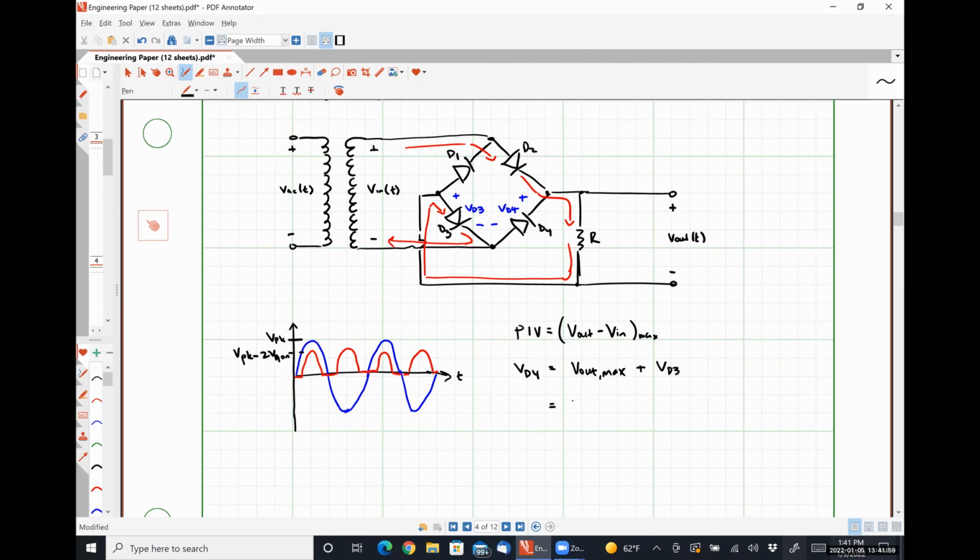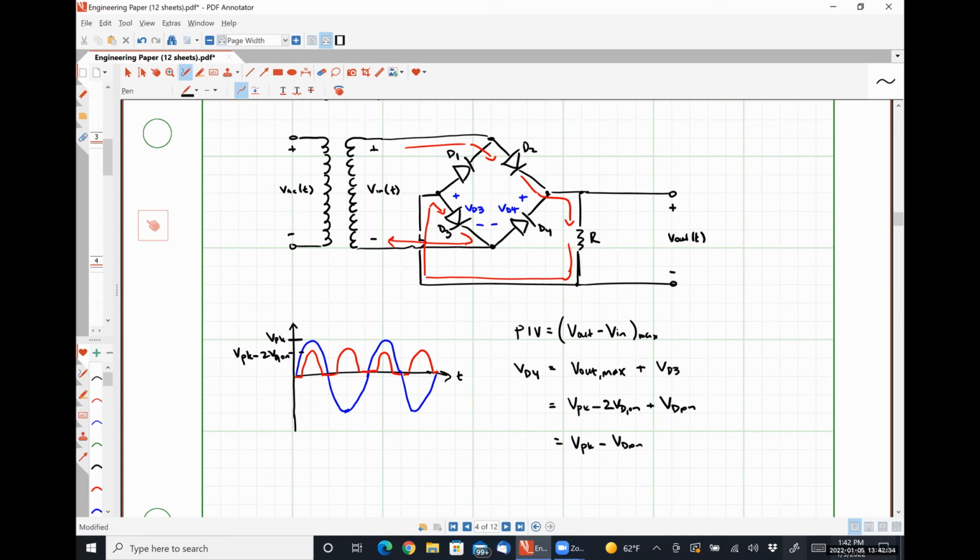So that's going to look like V peak minus 2 VD on plus a VD on is equal to simply V peak minus 1 VD on. So effectively, you double counted because you didn't take into effect that there were 2 diodes in that path that were both getting reverse biased, right?